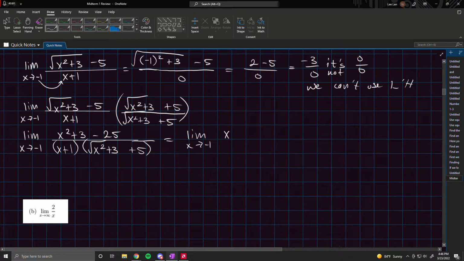So the top will simplify to x squared minus 22, and the bottom is still the same.